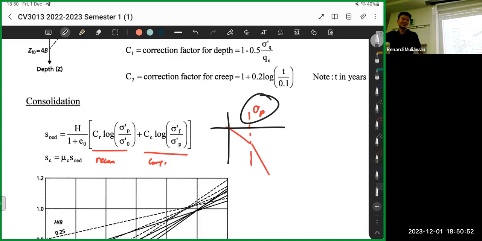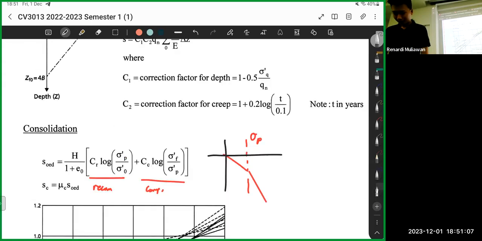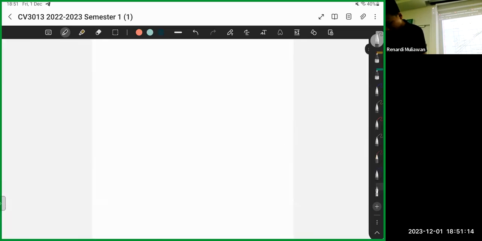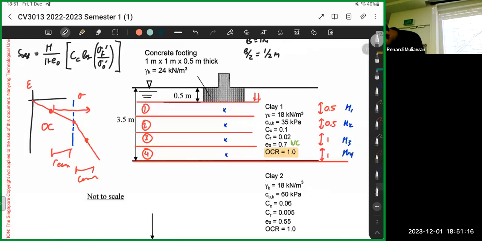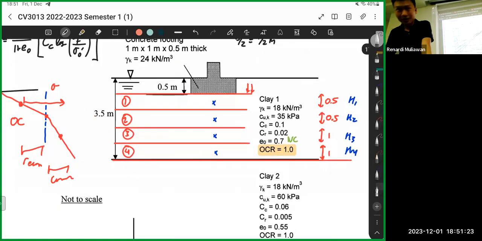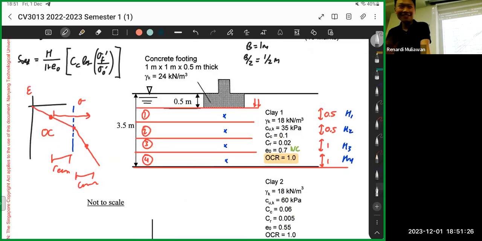You remove the stress and it will go back, right? It will go back to here. But so this one is like the turning point. How much stress you need to put it back to the compression stage, not recompression. Yeah. So you cannot use this directly because you don't know sigma P. Actually, they give it. Yeah, they never give, right? Yeah. So this one requires a little bit of soil mechanics knowledge. But after that, it's quite straightforward.